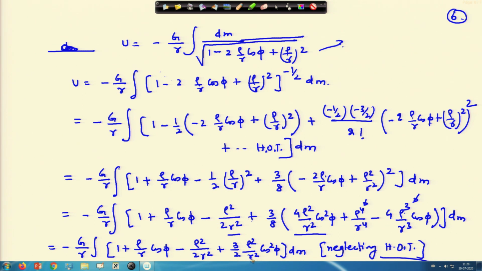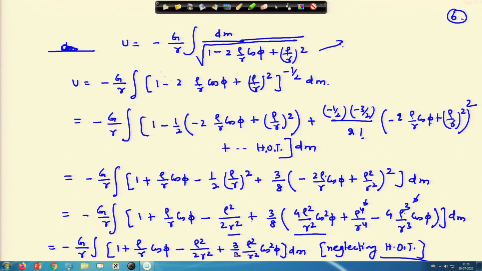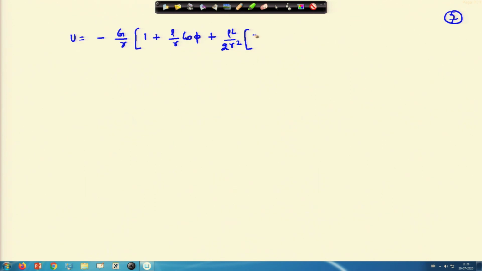Rho square by r square we take outside, and 2 also from the denominator. So, this gets reduced to 3 cos square phi minus 1.